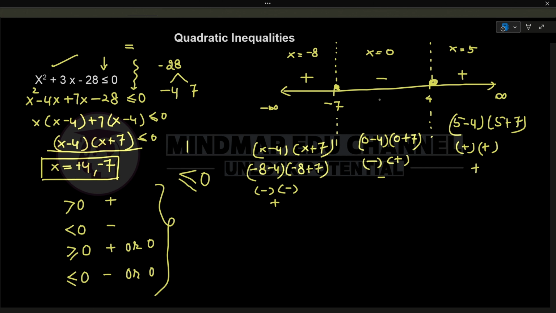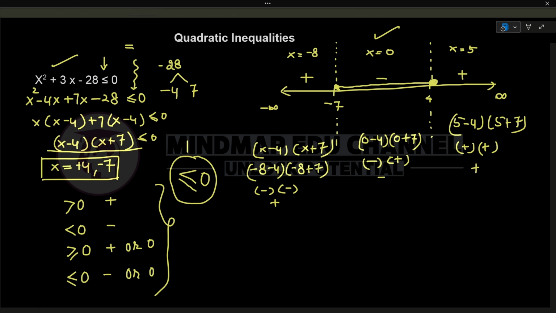Clear? So where are the negative values? In this section. So it is from here to here, from minus 7 to 4. This section is included in the solution. And here we have the equal to sign. So it is 0 at minus 7 and 0 at 4.